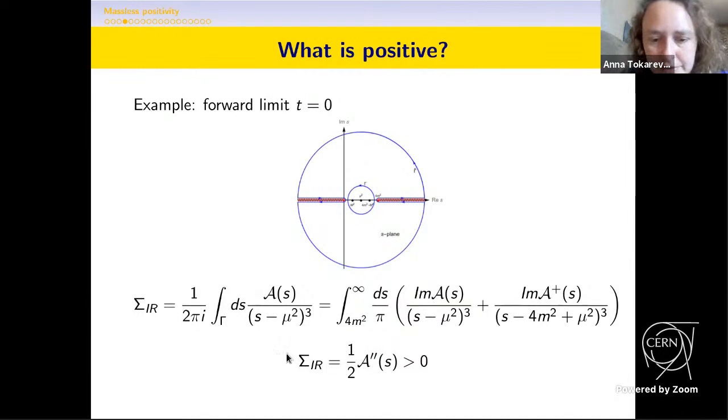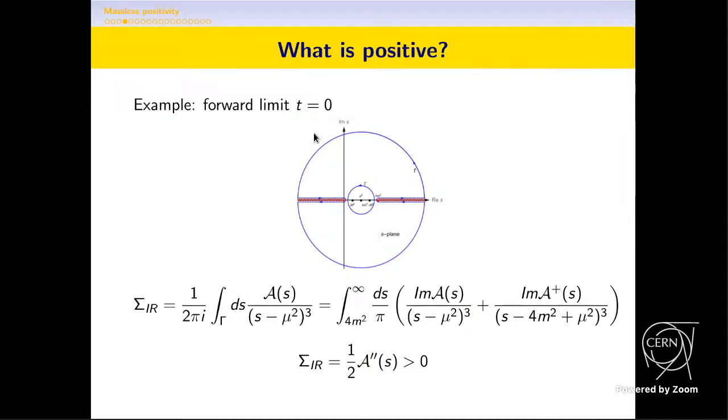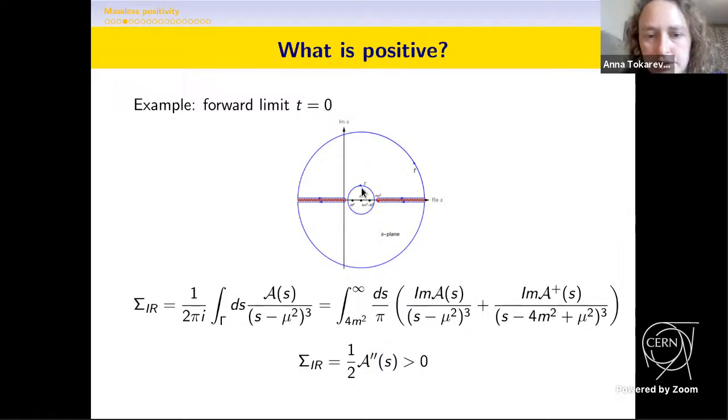Why do we take the second derivative? We do this because this kind of integral providing the second derivative of the amplitude behaves at large S in such a way that we can neglect the large contour. We can rewrite the integral over the small contour through the integral over the large contour plus two branch cuts.